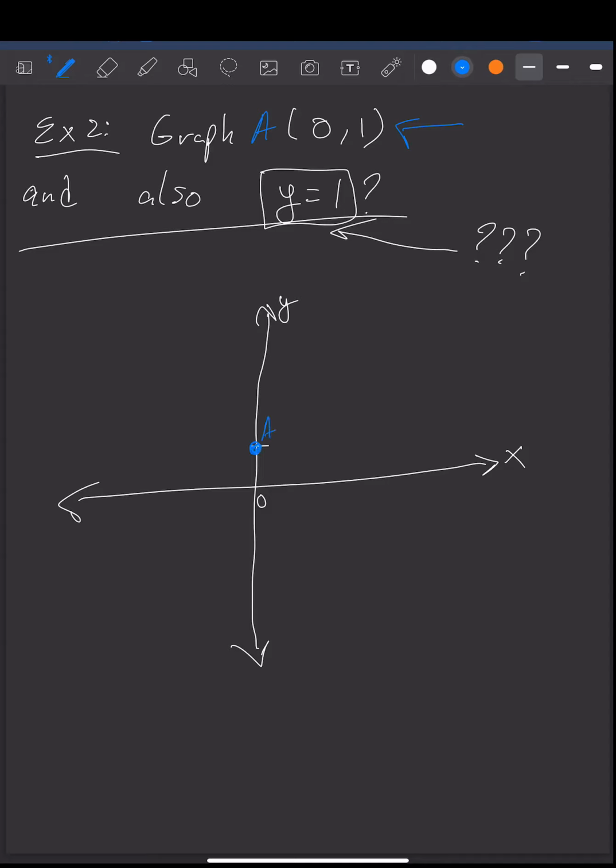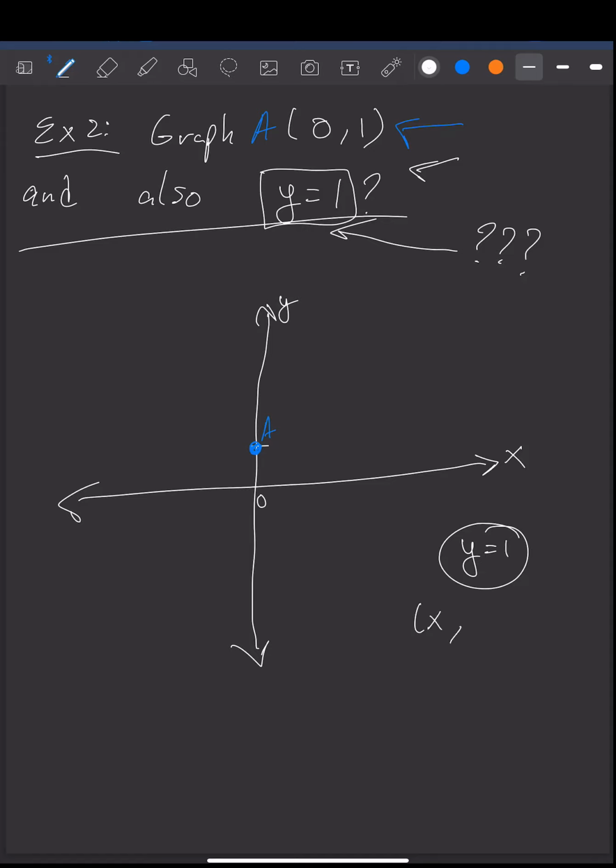But now, what about y equals 1? How do we graph that? Saying y equals 1 is just saying that for every x you have, y is always going to be 1. So it doesn't matter what our x is.